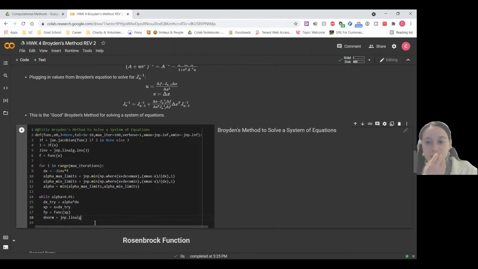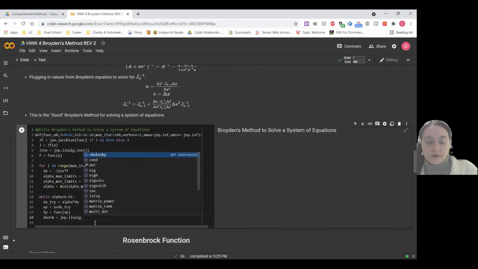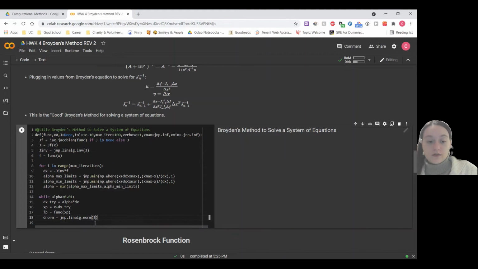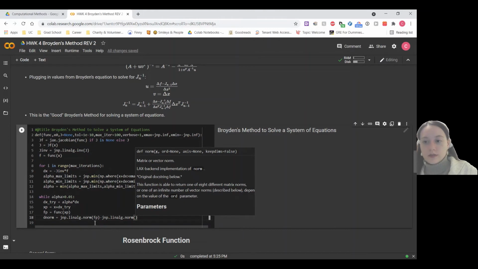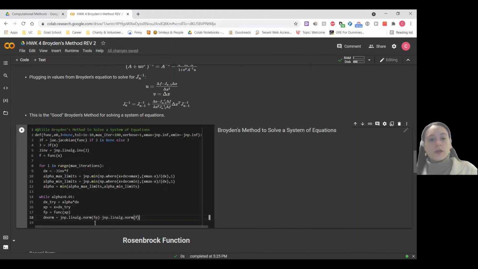So if we just calculate this updated value for fp, our d norm is the norm of our new f, so the magnitude of our new fp, minus the norm of our old f.